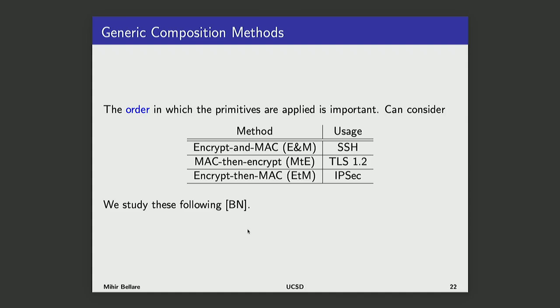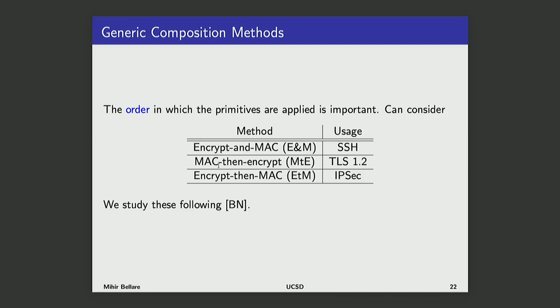Okay, so now we look at different ways to put these together. And this is where the subtleties enter, because once you're handed these two primitives, you might think it's very easy or obvious how to glue them together, but in fact you have a few choices, and largely these choices are expressed in ordering. Which do you do first? This is encrypt and MAC in parallel, the most natural thing.